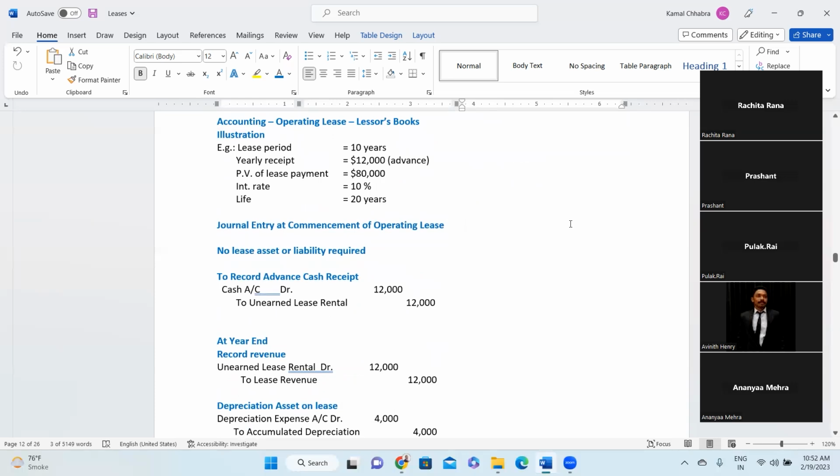Let's do an illustration. Let's assume the lease period is 10 years. Yearly receipt, let's assume 12,000 in advance, and the present value of the lease payment is $80,000, and the interest rate is 10%, and the life of the asset is 20 years. So what journal entries should you be making?